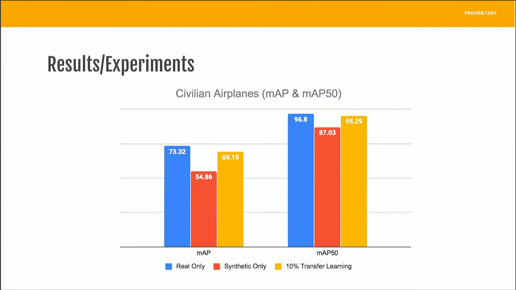That's what this bar chart is showing: by using only this small subset of the real data, we are able to obtain performances that are almost on par with the model trained on real data only. So if you are able to create a synthetic data set and only label a very small subset of real data, then you can create a model that has really good performances. That's basically what we are highlighting in the paper.